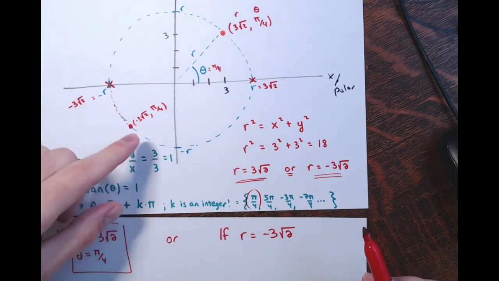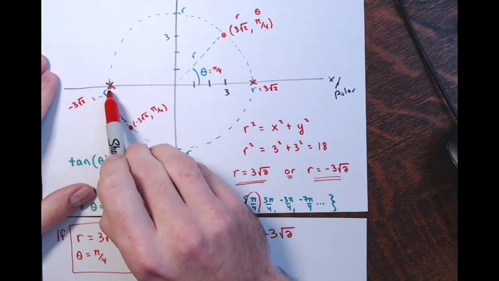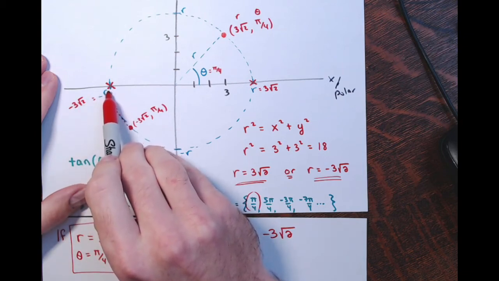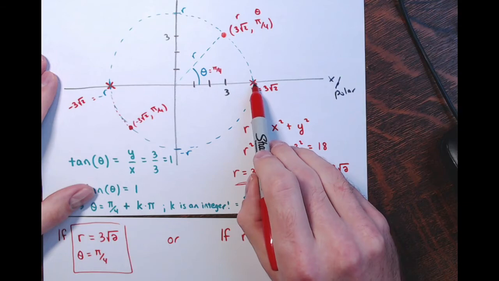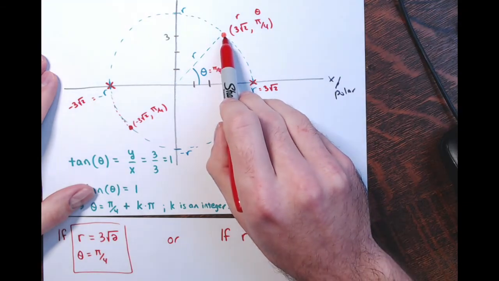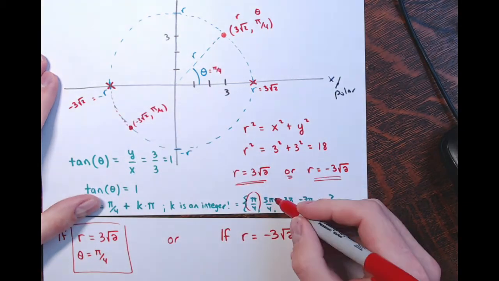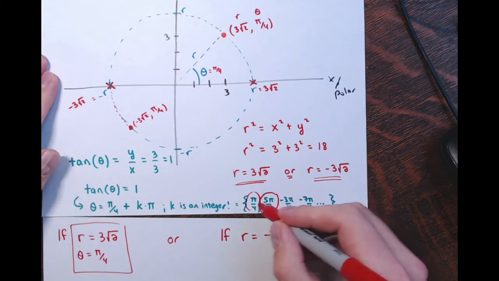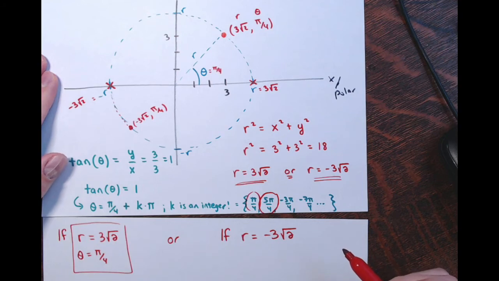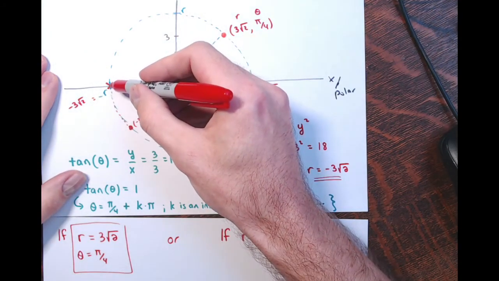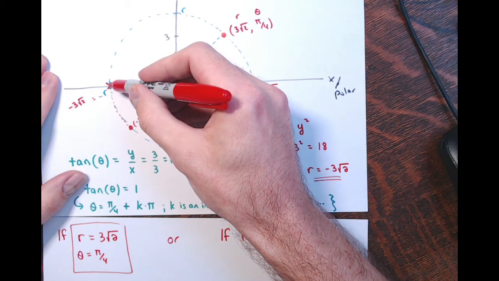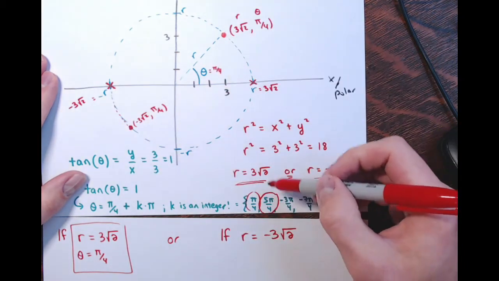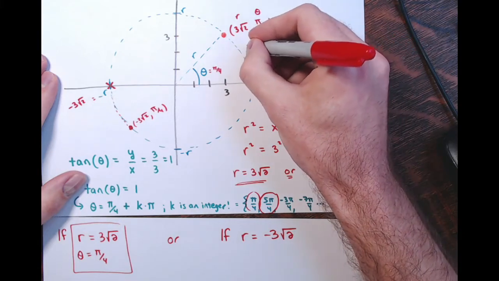So that's not good. But what would work is if I started at negative 3 root 2 and then go pi plus pi over 4. So go 5 pi over 4. This angle would work. That's another solution to this equation, tangent of theta equals 1. So if I start at negative 3 root 2 on the polar axis and go counterclockwise on this circle 5 pi over 4, I'm at the same location.